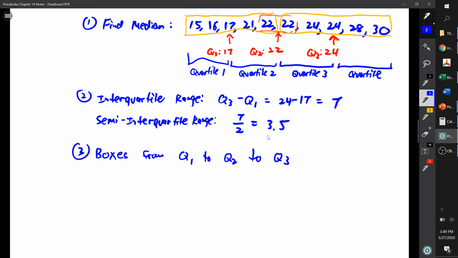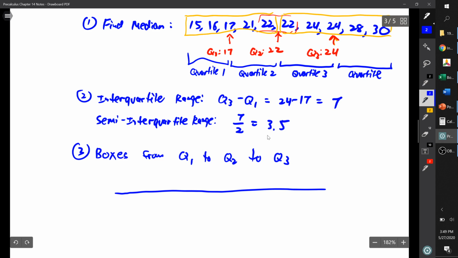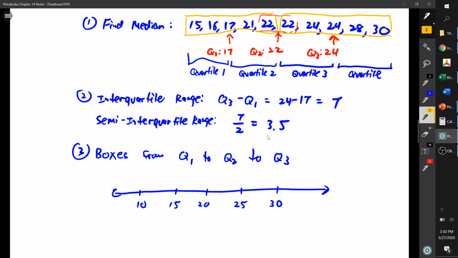If we arrange our data on a number line, so if I went, let's just say we go like 10, 15, 20, 25, 30. My Q1 is at 17, so that's going to be right about 15, 16, 17.